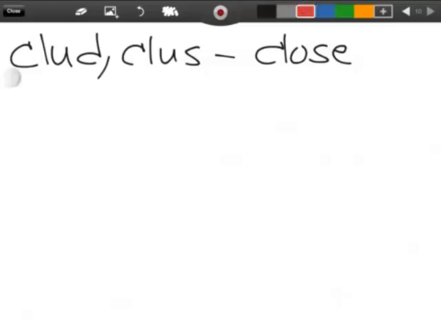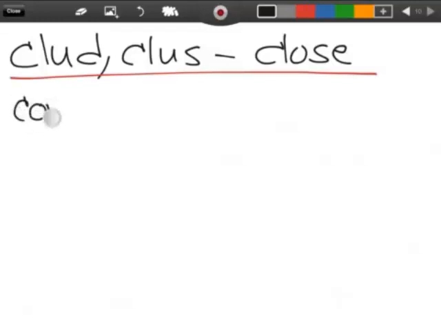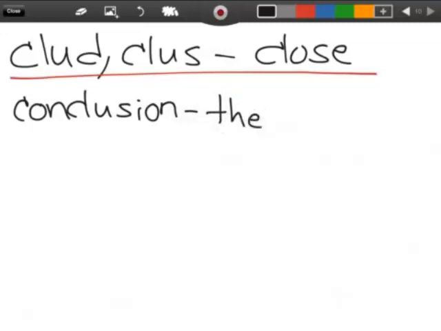I'm going to give you two example words. One of them is conclusion, meaning the end, or last part.